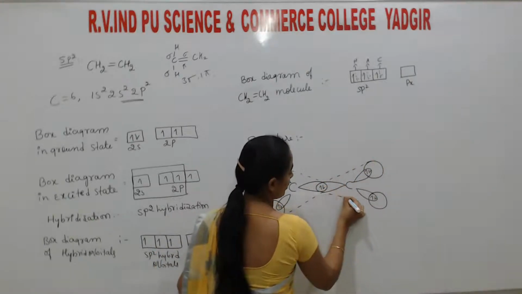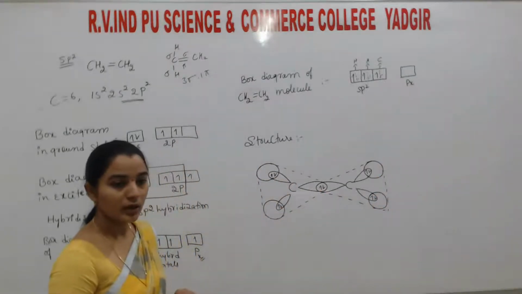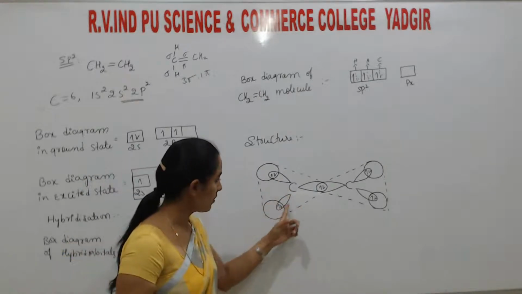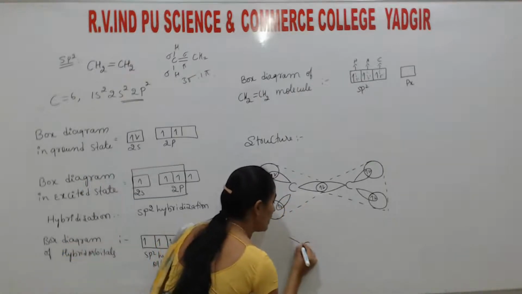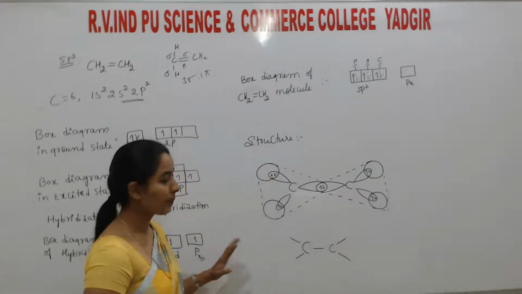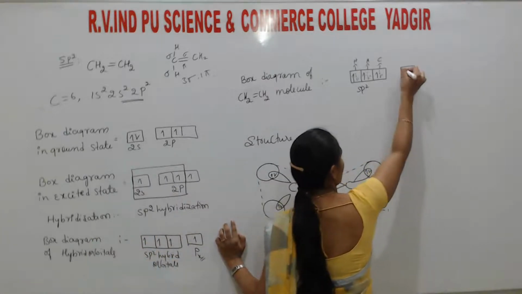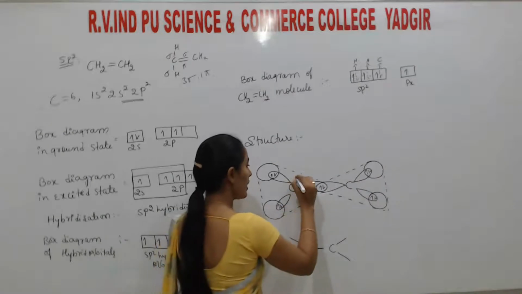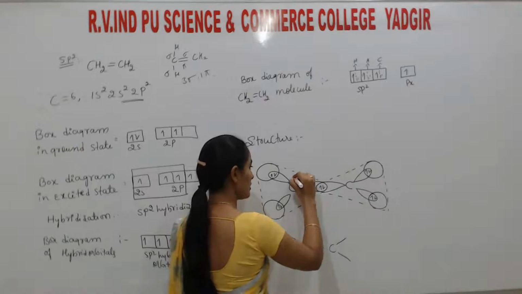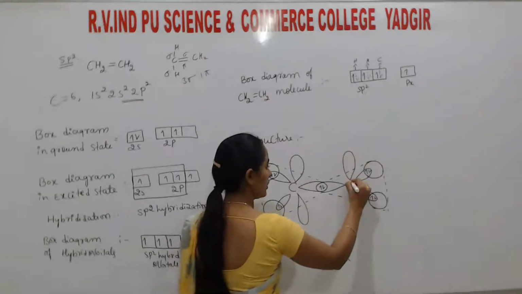So each carbon atom exhibits a triangular planar structure. The next one is this, 1 sigma bond like this, 1 sigma bond. The structure is like this. Now, the next one: we left the p orbital. It consists of only one electron. The p orbital, that is what we consider the x-axis. So that is the p orbital of both the carbons.